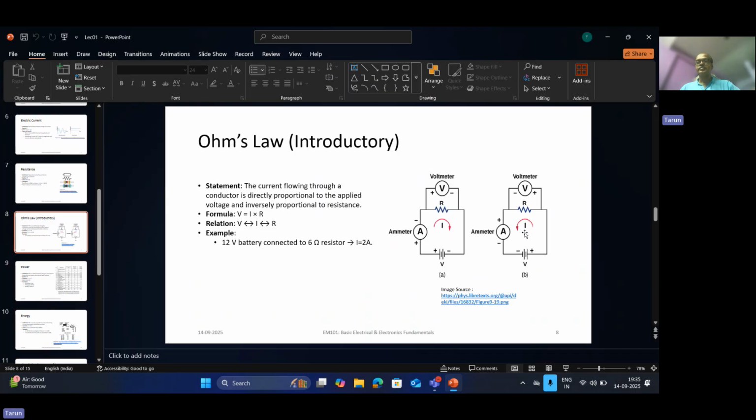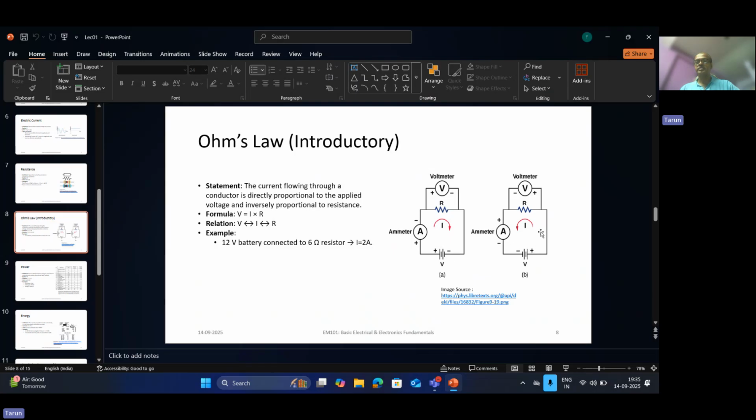And this diagram shows the reverse direction of the current. It happens by changing the polarity of the battery connection. Here the battery connection is minus plus, whereas in the first diagram it was plus minus.